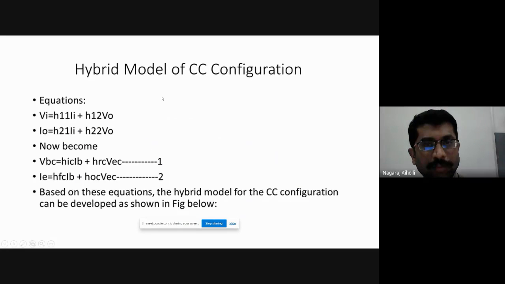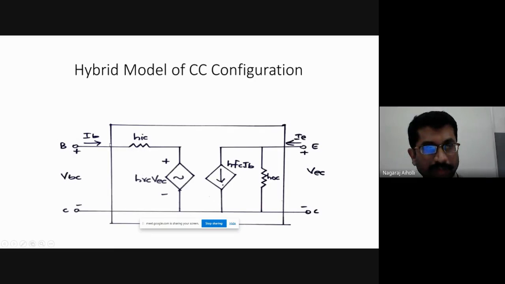Then coming to the hybrid model of common collector configuration, the same equations: Vi is equal to H11 Ii plus H12 V naught, I naught is equal to H21 Ii plus H22 V naught. Now these equations will become, if it is a common collector, input is applied to the base, output is taken from the emitter. The input current is IB, input voltage is VBC, output current is IE, and output voltage is VEC.